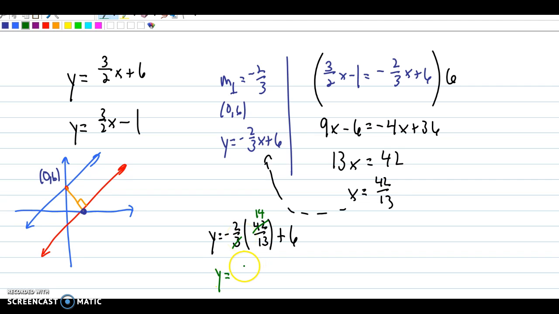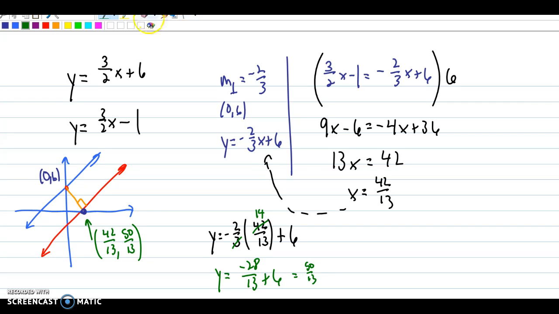So y equals -28/13 plus 6. At this point, I'm going to go to the calculator and add those together, and that fraction is 50/13. So the coordinates for this point then are 42/13, 50/13.